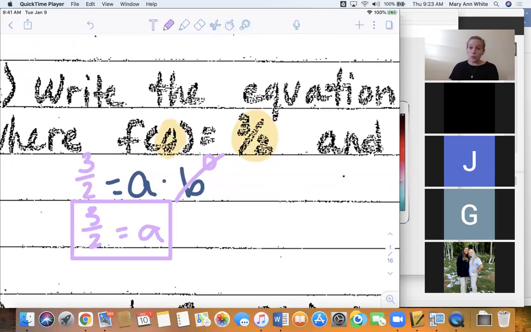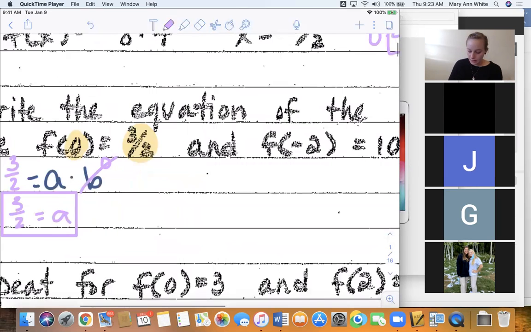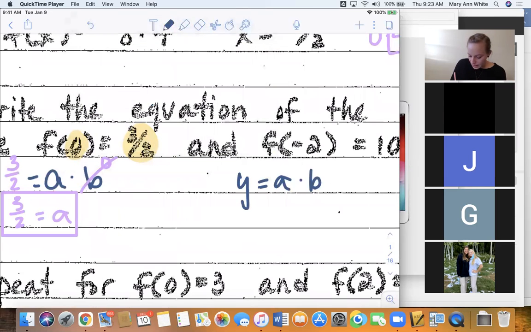Hint, most of them will work like this. I'll give you a 0 point and then we'll find a very easily, and then we'll use a new x and y that are both actual values and not 0 in order to find b. So if a is 3/2, I'm going to rewrite my formula again. y equals a times b^x.